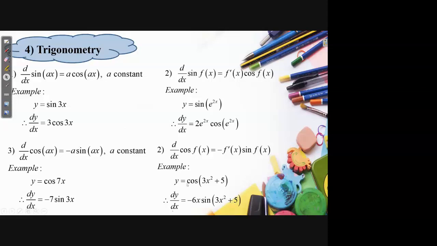We have this example, cosine of a second degree polynomial. Differentiate cosine is negative sine, we just copy our function, negative sine of 3x squared plus 5. Then you differentiate 3x squared plus 5, you have 6x. So finally negative 6x sine of 3x squared plus 5.